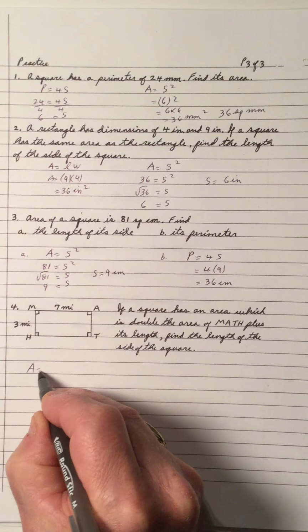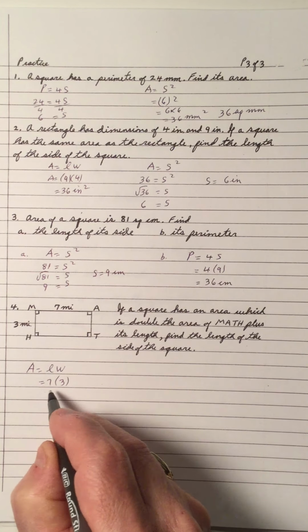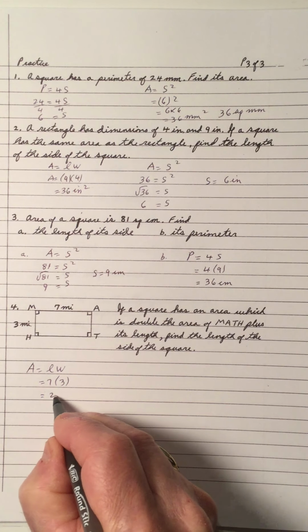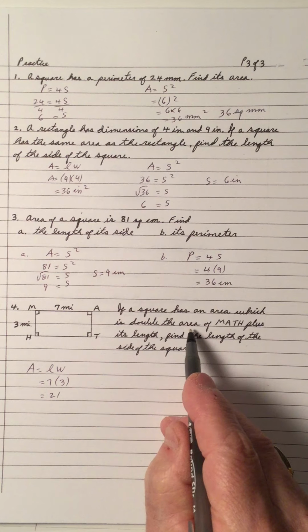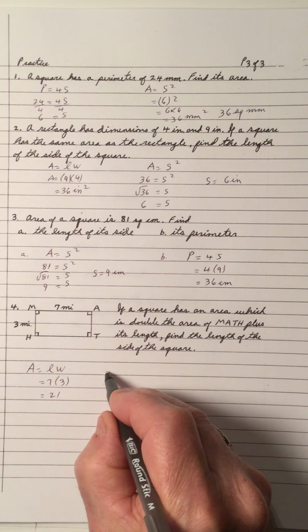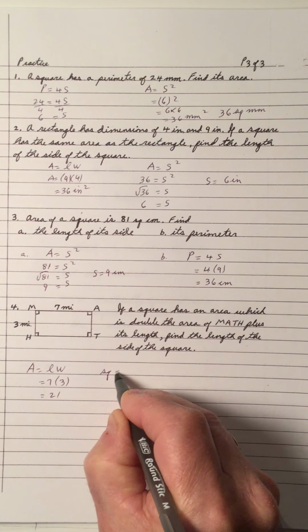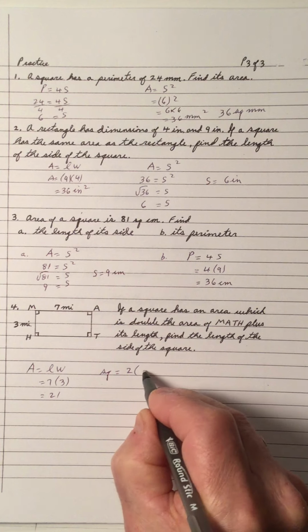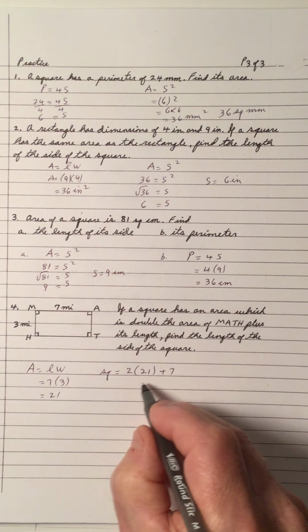So let's get the area of the rectangle, length times width, which is 7 times 3. So the area of the rectangle is 21. And it says that the square is double the area of the rectangle plus the length, and the length is 7.